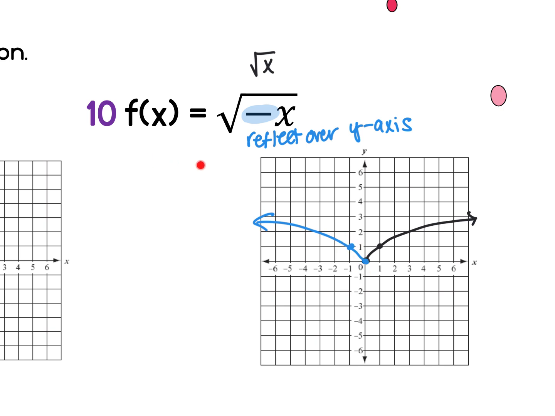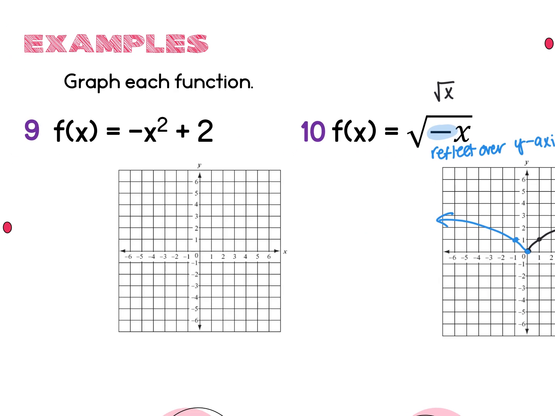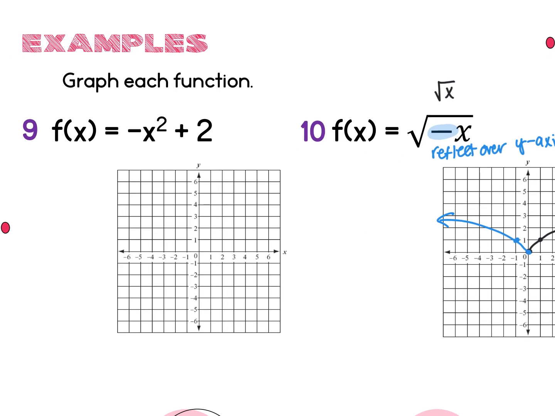Okay, let's go ahead and do number 9. So we did shifts yesterday. We did a horizontal and vertical shift yesterday, so please make sure you study that. I kind of gave the class a little trick on how to remember if it's a vertical or horizontal shift.